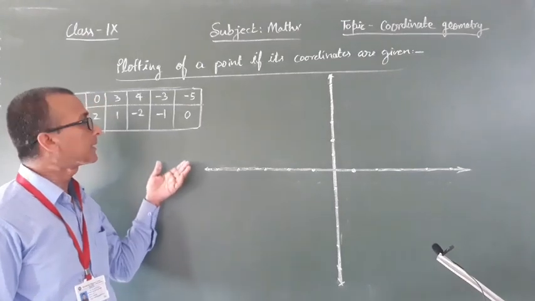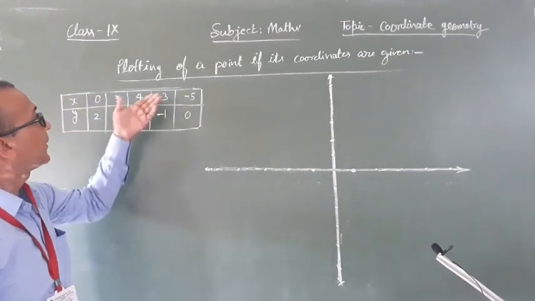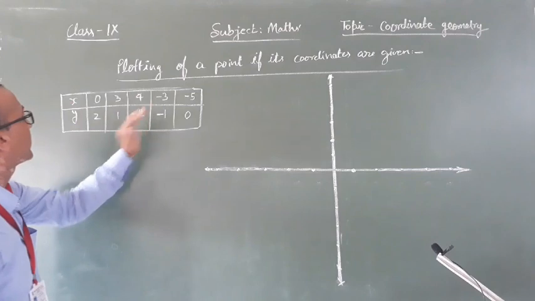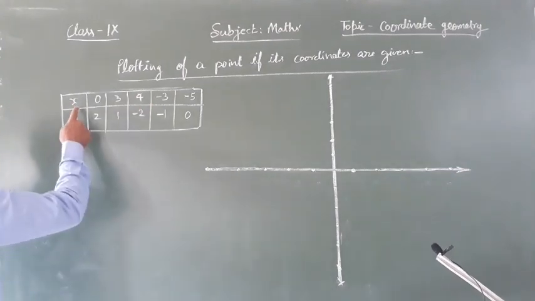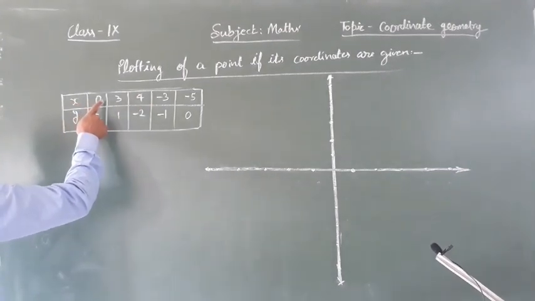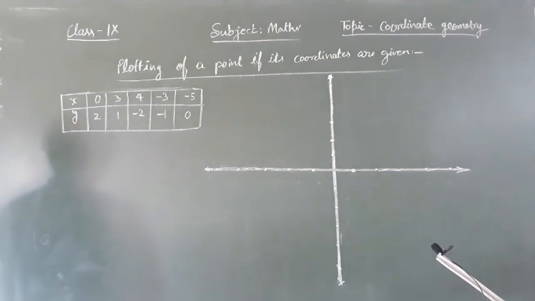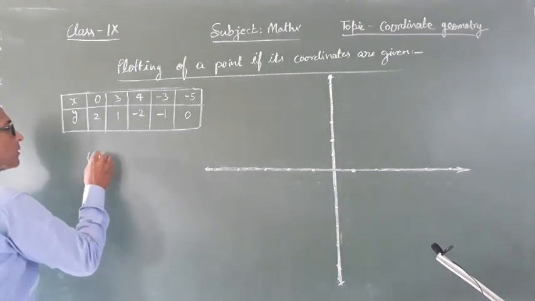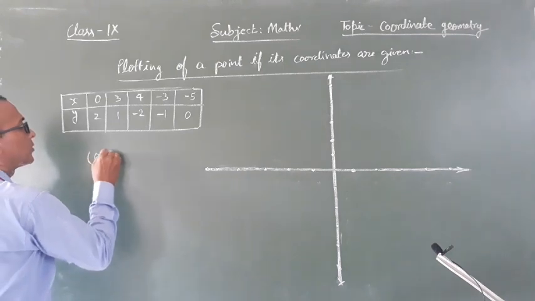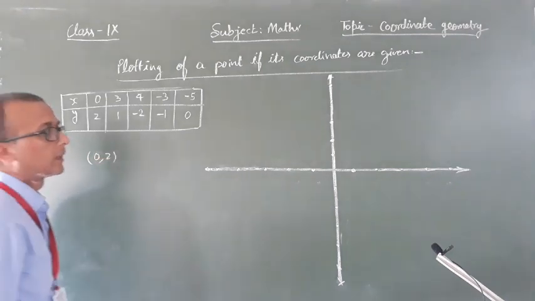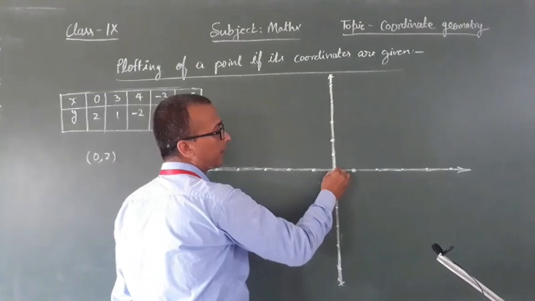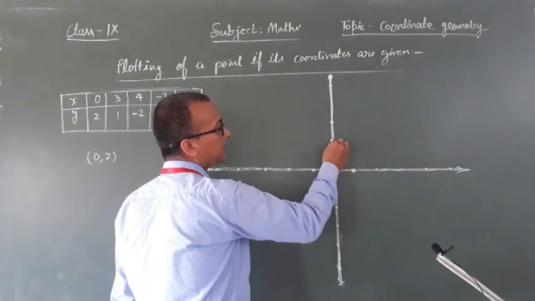Let us take another example to plot these points. Here is the value of x and here is the value of y. It means we have to locate (0, 2). On the x-axis the value is 0, on the y-axis 2.